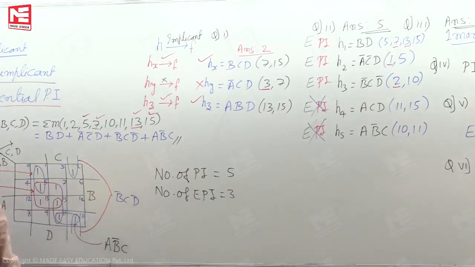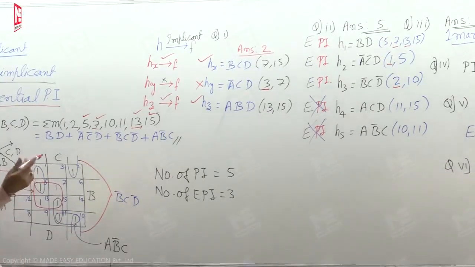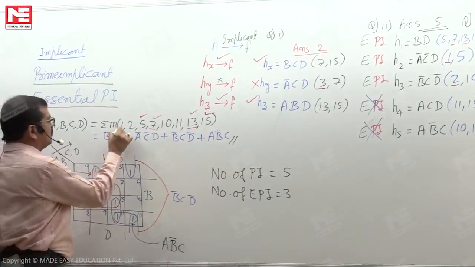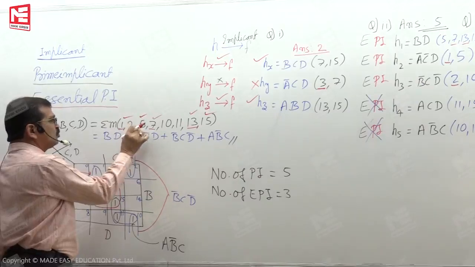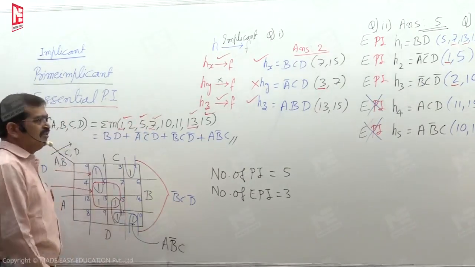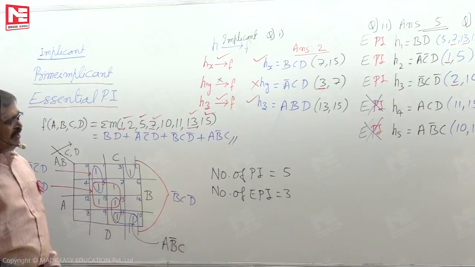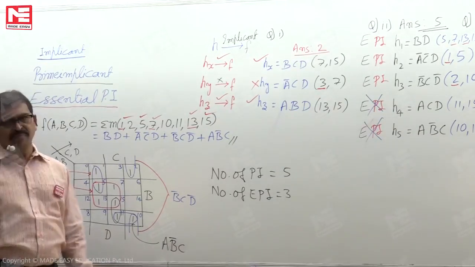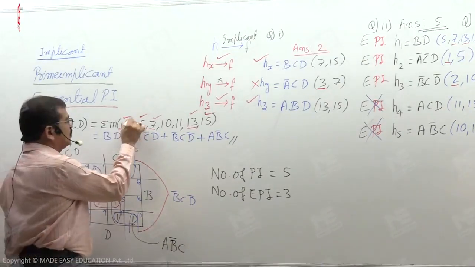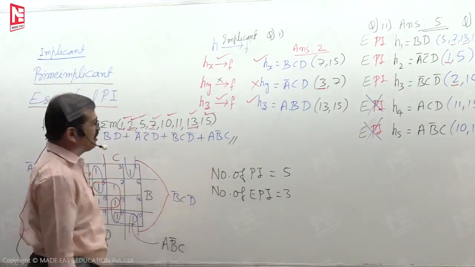The next product, A complement C complement D, is also an EPI. It covers 1, and apart from 1, it also covers 5, but 5 is already covered by the earlier EPI. The next EPI, B complement C D complement, covers 2, and apart from 2 it also covers 10.